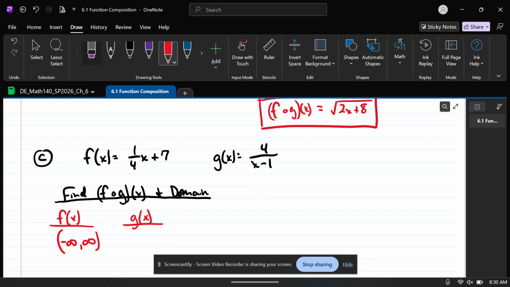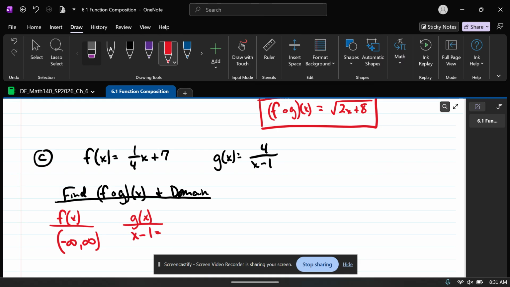Now g of x, red flag? Yeah, I got x in the denominator. How do I handle that? What do I do to find the restrictions on the domain there? We did this in chapter 5 too, because that's a rational function. What we do with the denominator?